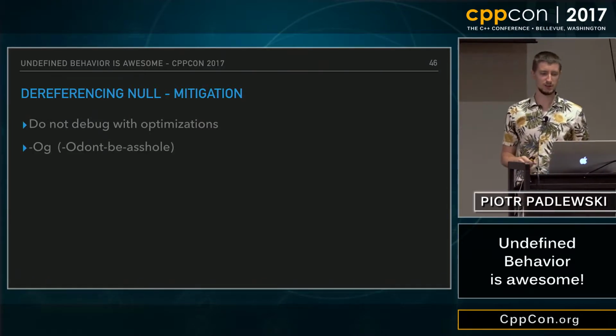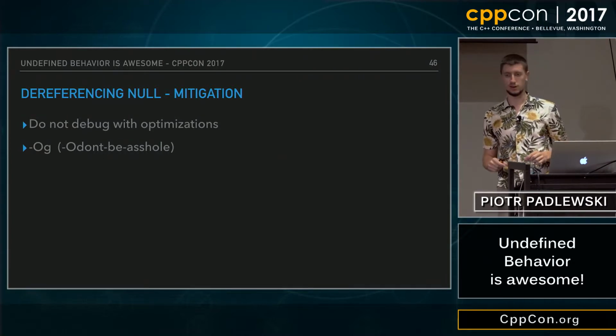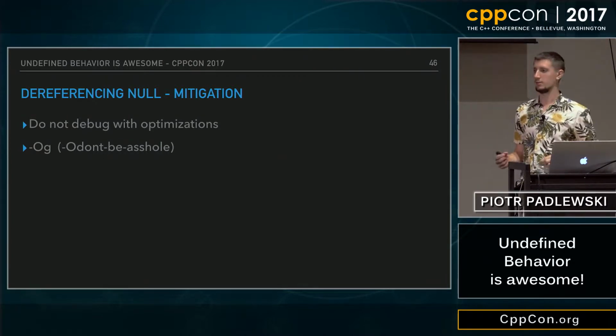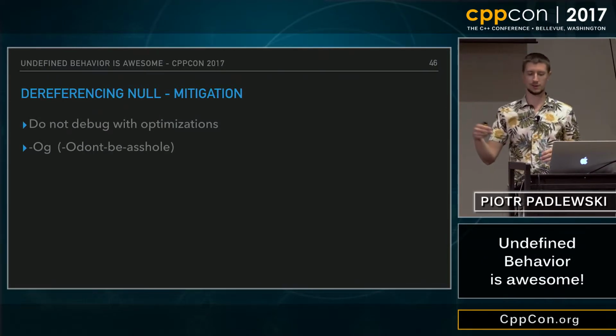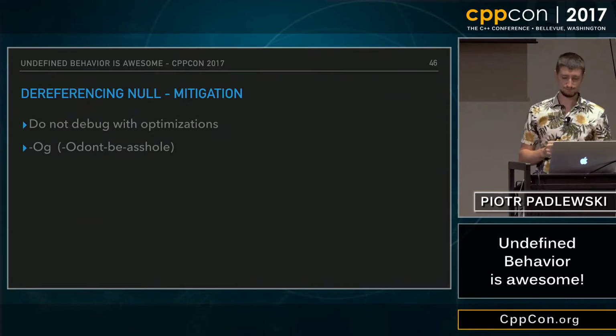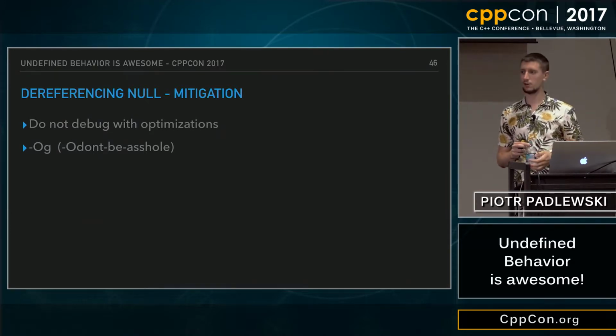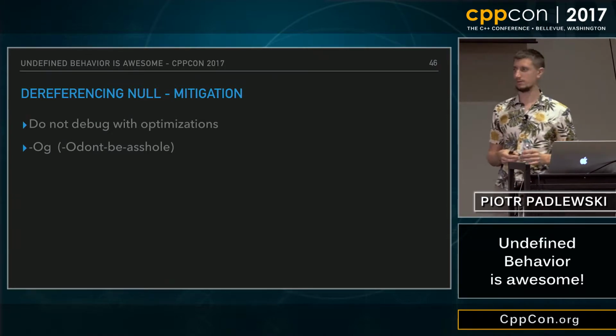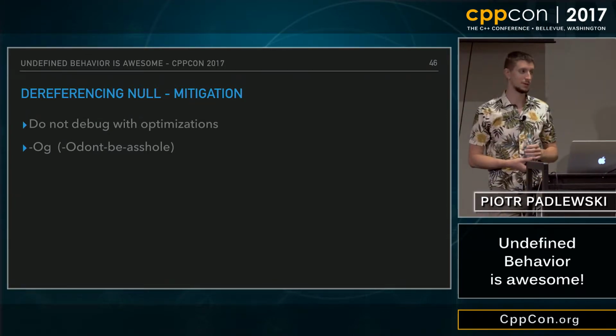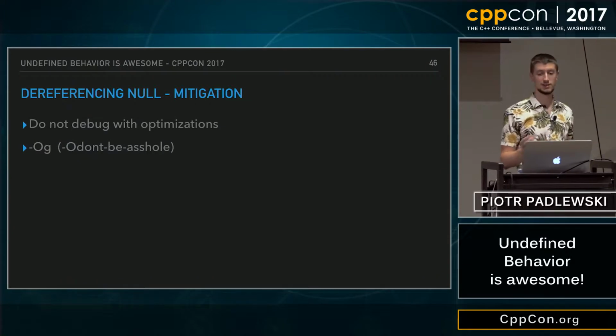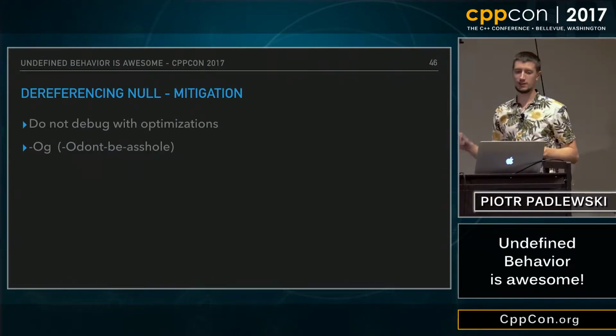There are also flags like -Og, which says please optimize in a way that does not affect debugging. This sort of works. I heard some complaints that it doesn't work well in all cases, but there is something like this.